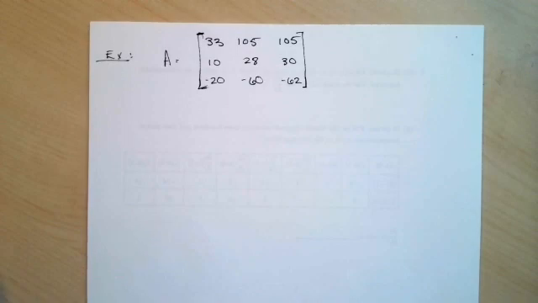We want to do it essentially kind of like our row ops, except we have to do it on both sides of the matrix. So let's kind of write that out.